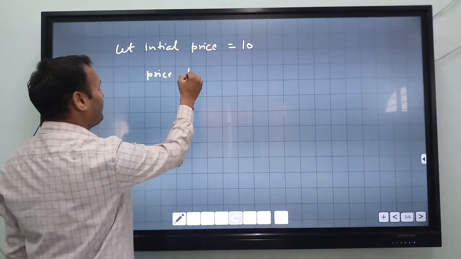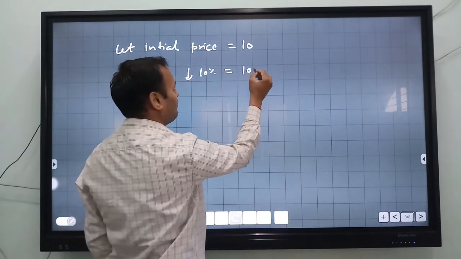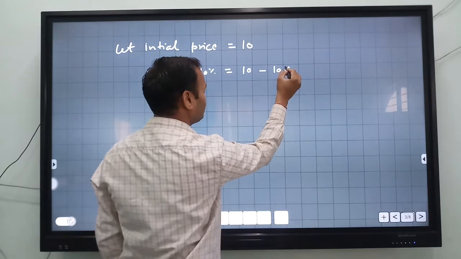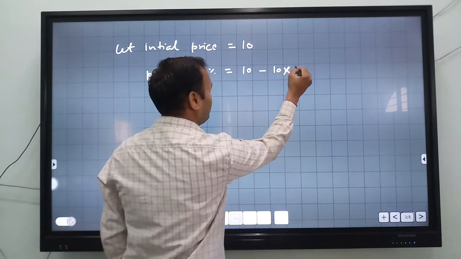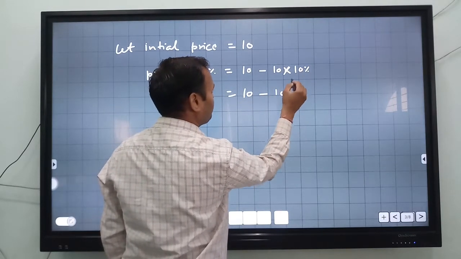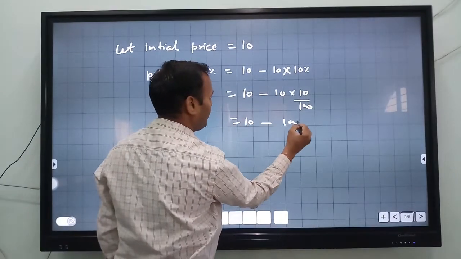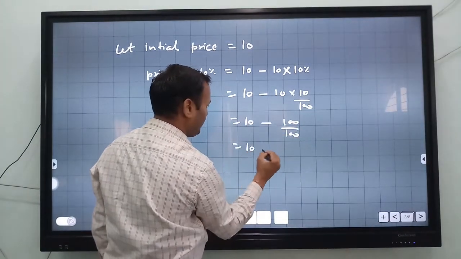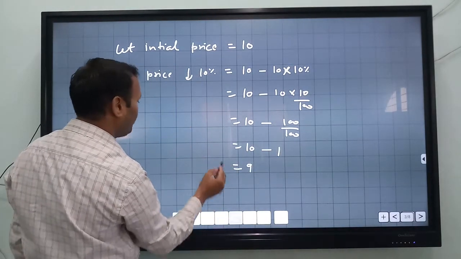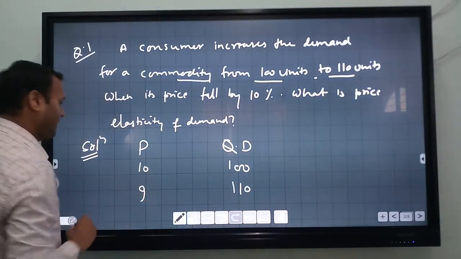So the price falls by 10%: 10 minus 10% of 10, that is 10 minus 100 upon 100, so 10 minus 1 is equal to 9. So that is the new equilibrium price. Here you can write 10 and 9.